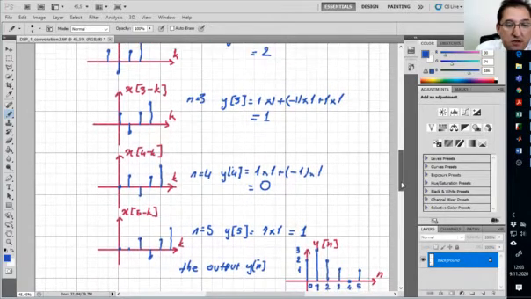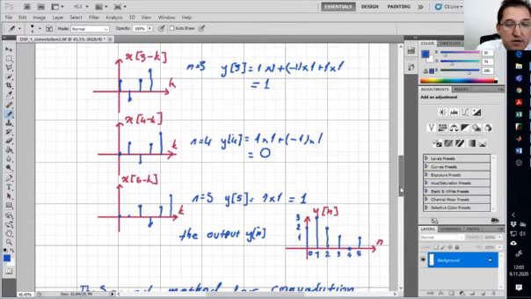We shifted to the right one more sample. Now only this one can be multiplied by h this time. The others will be multiplied by 0, and we have 1 here.